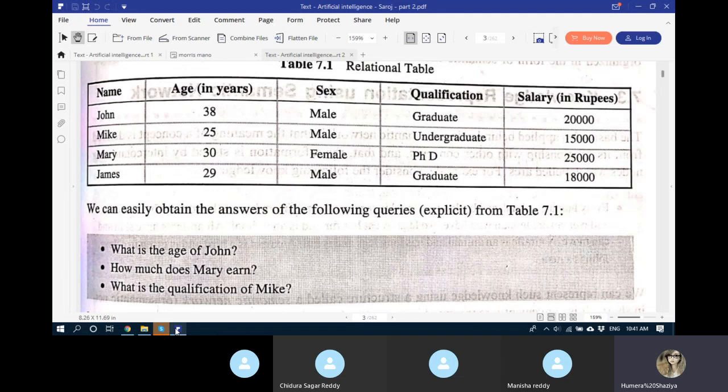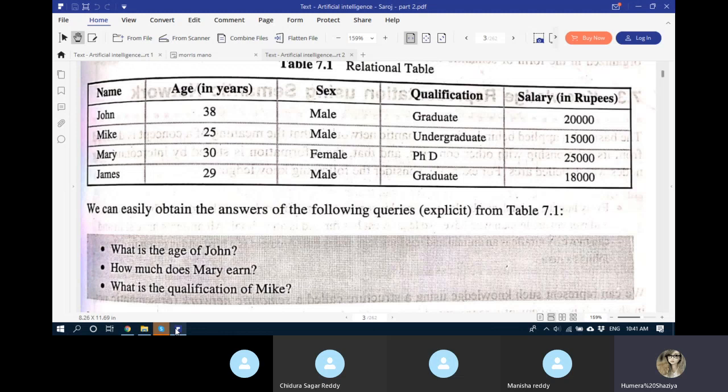You can also obtain the information about how much Mary earns. Mary is the name and her salary is given. So if you want to know what is the salary of Mary, that also you can do. And what is the qualification of Mike?